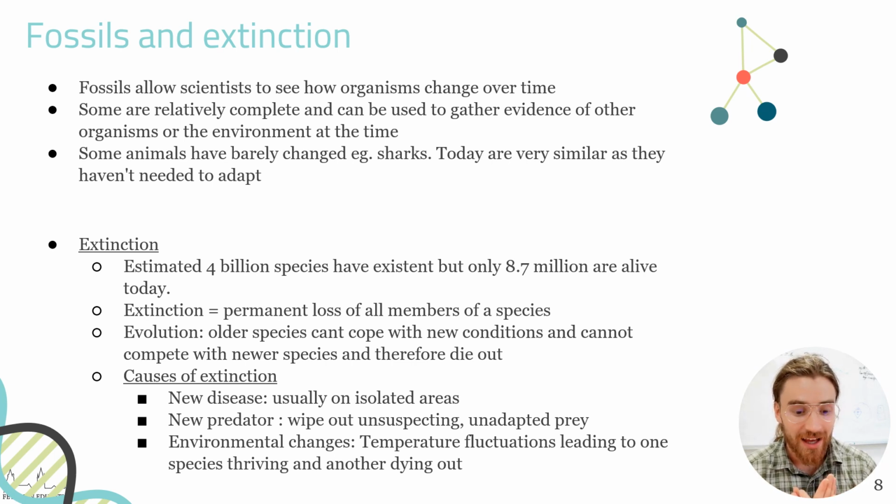So your older species will not be able to cope with the new conditions, and that will lead them to compete with the newer species and therefore die out. So something like our ancestors, the Homo neanderthals, they were the older species.